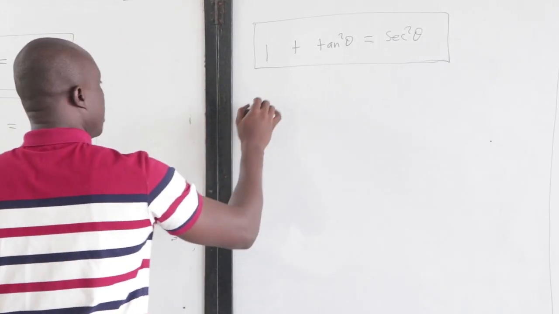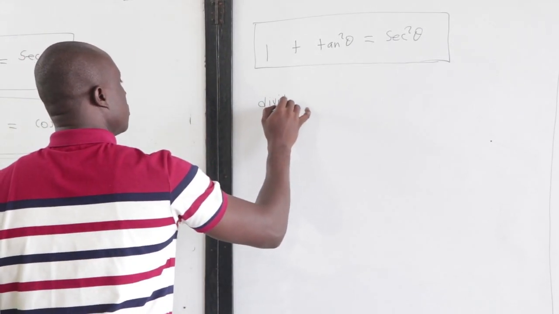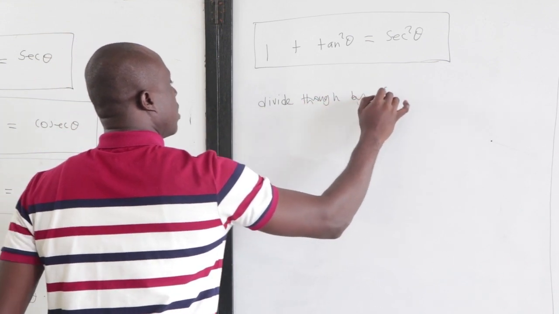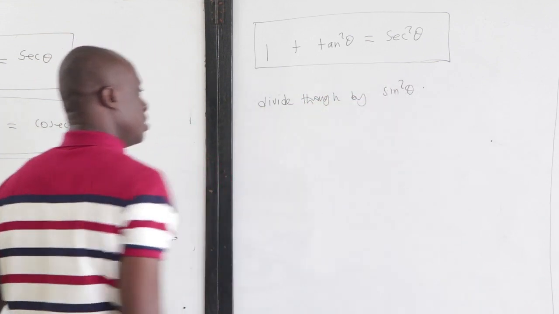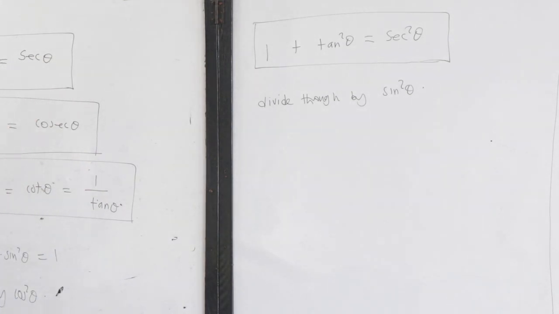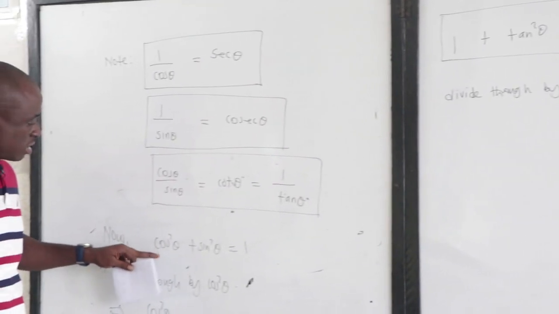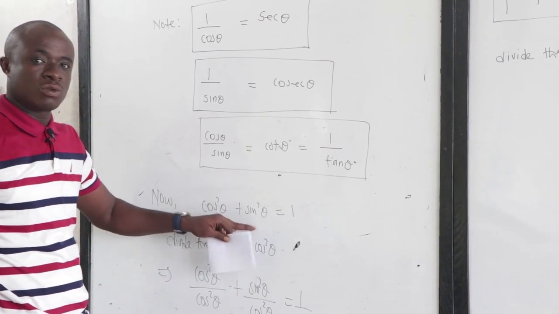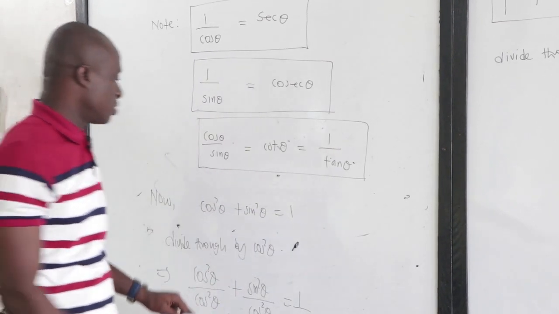We can also divide through by sine square theta. I'll divide the first one, cos square theta, by sine square theta. I'll divide this one by sine square theta, and I'll also divide this by sine square theta.